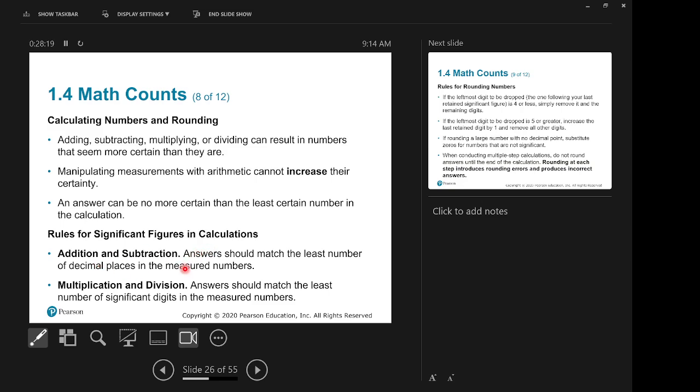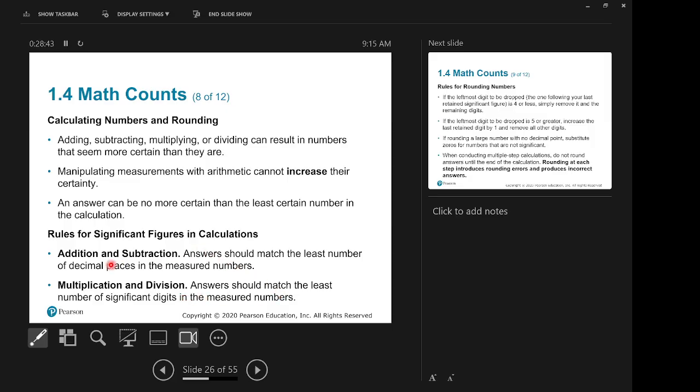For addition and subtraction, these answers should match the least number of decimal places in your measured numbers. Let's do a really easy thought experiment when we're done with this part, and you'll very quickly understand why. Okay? So multiplication, division, these have to match the least number of significant digits in the measured numbers.